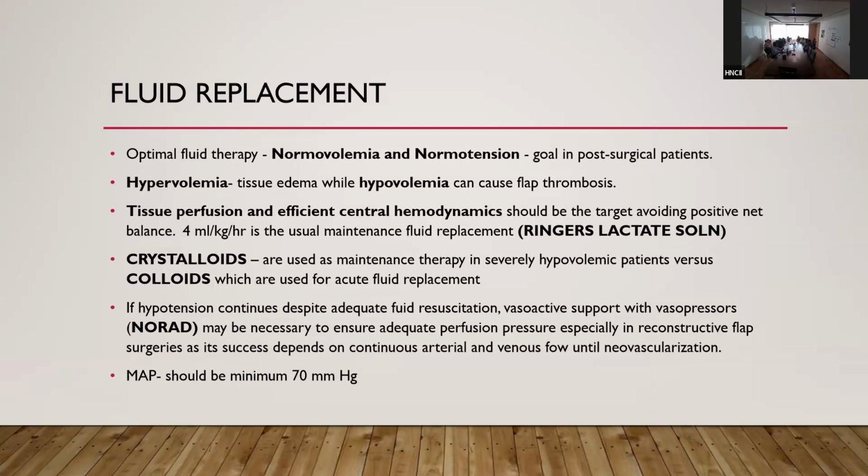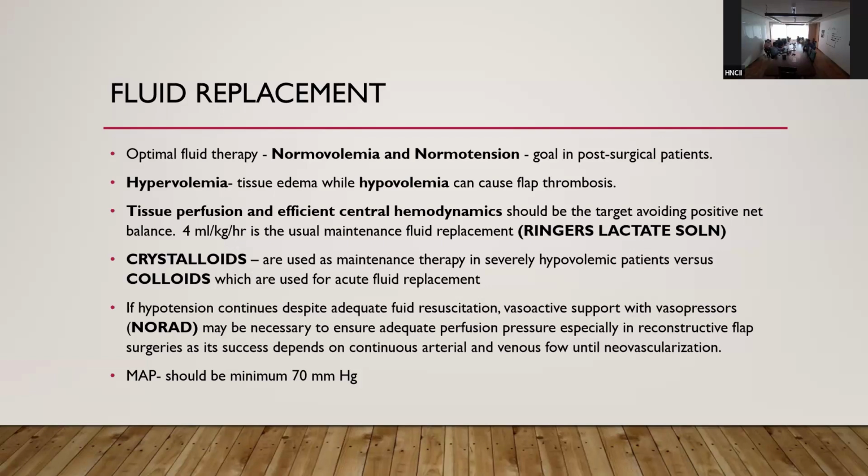Generally we use 4 ml per kg per hour as the maintenance fluid replacement. In post-op day 0 and 1, when the patient has not started any oral or RT feeds, we have to give fluid replacement. So 4 ml per kg per hour is our general maintenance fluid, and we generally use Ringer lactate, that is RL.